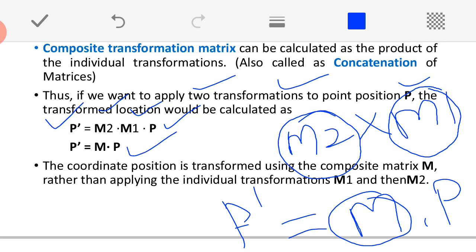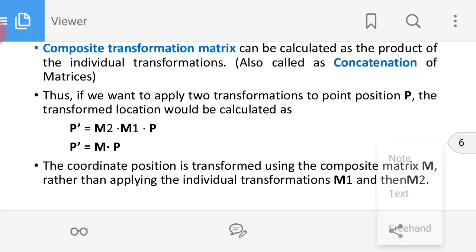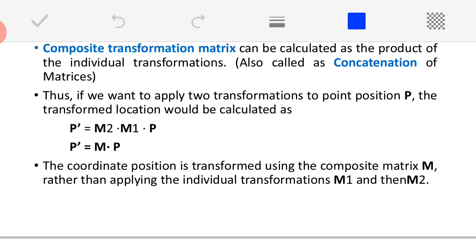So this effect is similar to this one. The only thing is, in this equation, if you observe here, P is multiplied with M1. At that time you are going to get P1 dash. Then that is multiplied with M2. At that time you are going to get P dash.